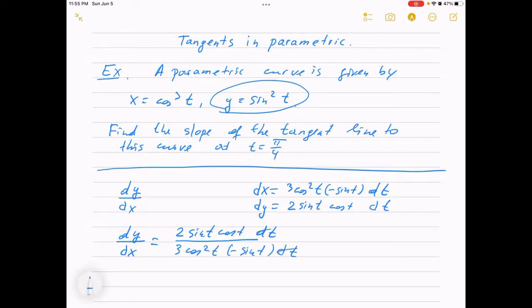Notice that dt and dt cancel out, sine and sine cancel out, and one cosine on top and one cosine on the bottom cancel out. So we found an expression for the derivative dy/dx: negative 2 over 3 cosine t.